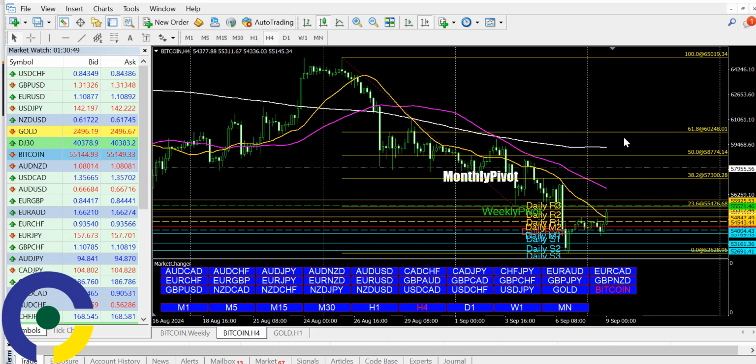And of course, it will come down, and we can't tell where it may be halted, but we'll look at it maybe coming to the weekly pivot points there, which it's yet to break, but we'll just watch out for this retracement coming all the way to 58,000 and then a signal to sell.